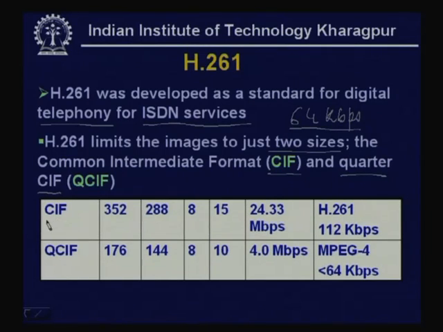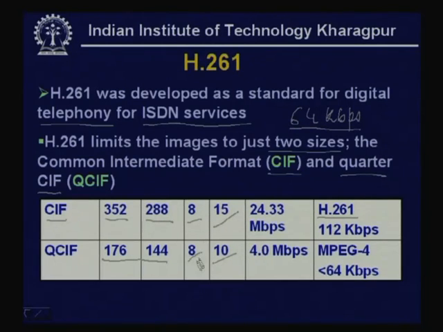So, using CIF, the frame size is 352 by 288, and each pixel is represented by 8 bit, and there are 15 frames per second. So, that gives you 24.33 megabits per second without compression, and by using H.261 compression you get 112 kilobits per second. And in case of QCIF, a still smaller frame size is used, and the number of frames per second is also reduced from 15 to 10.